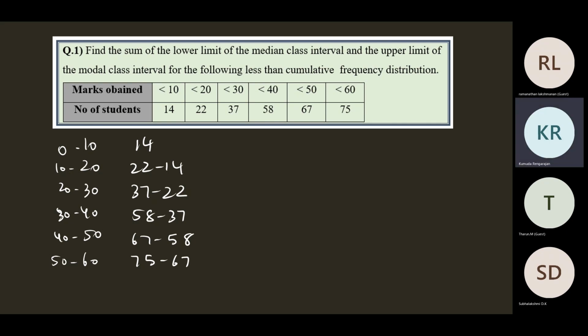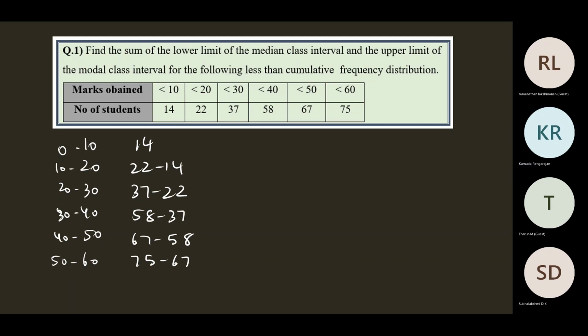Basically, you need to write the smallest value as it is. Here in the less than cumulative frequency distribution, the first value will be the smallest. 14, 22, 37 will keep increasing. So write that smallest value 14 as it is. Then start subtracting to get the other frequencies.